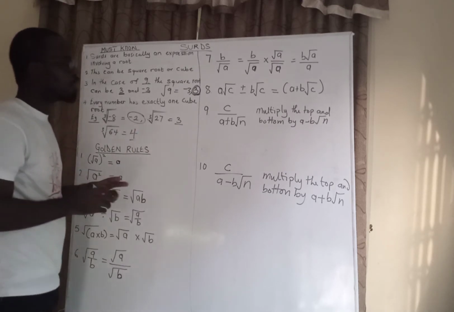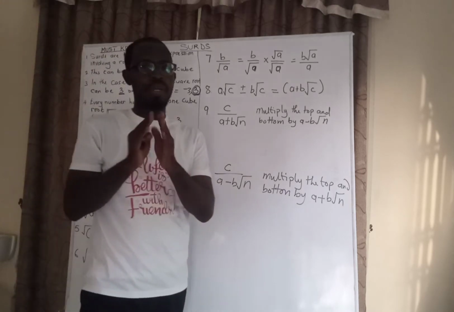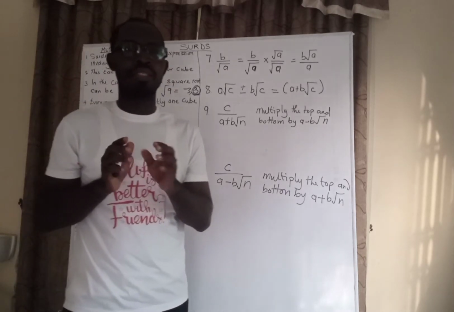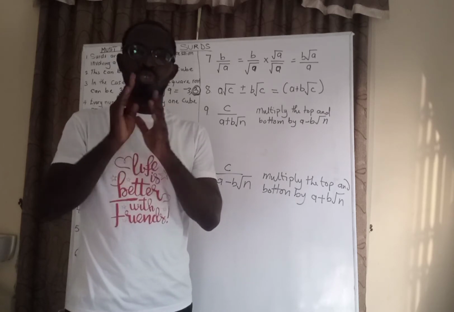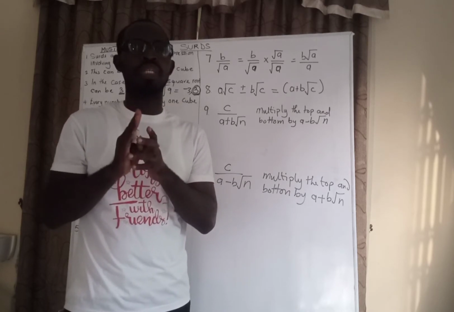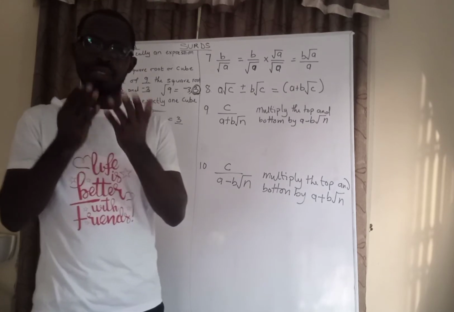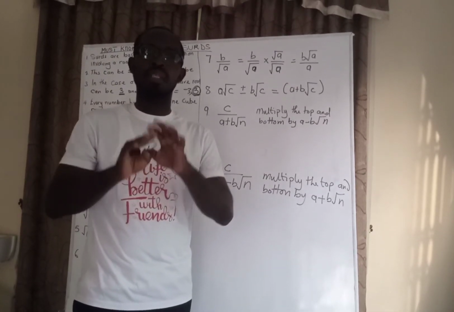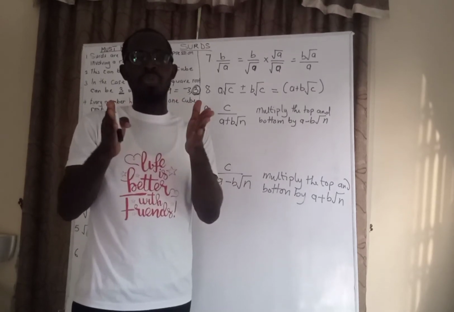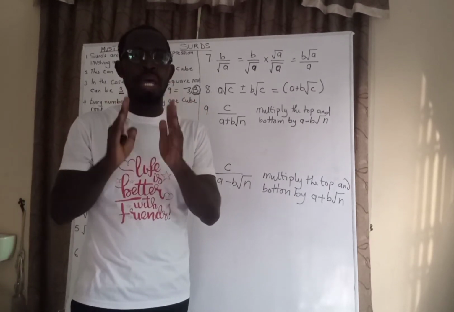It is also very important for you to understand that the golden rules will guide you to solve every question that is given to you. It doesn't matter how difficult you see it, just apply the golden rules.